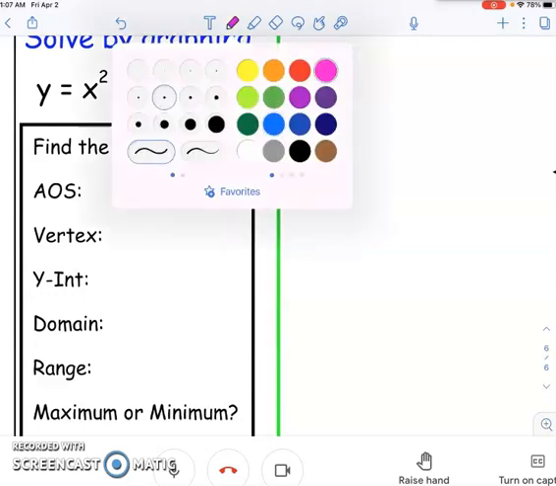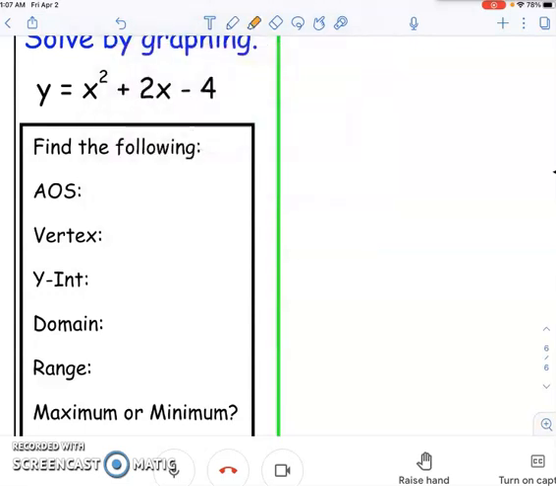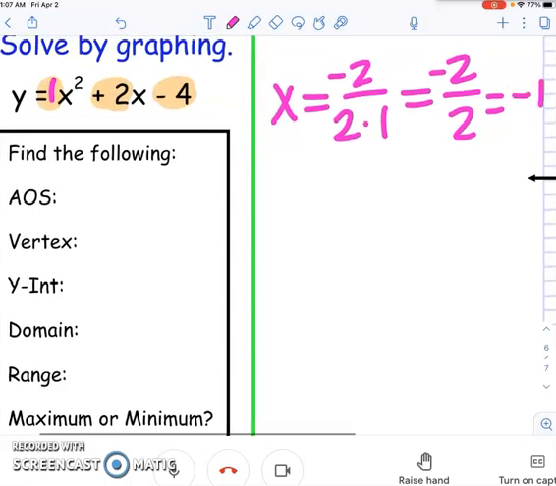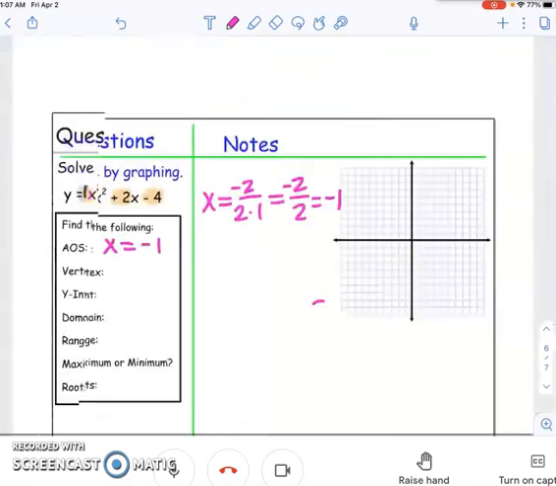Axis of symmetry. So x equals the opposite of b, so -2, divided by 2 times a, and a is 1. Negative 2 divided by 2, negative 1. So x equals negative 1. Draw that on my graph.